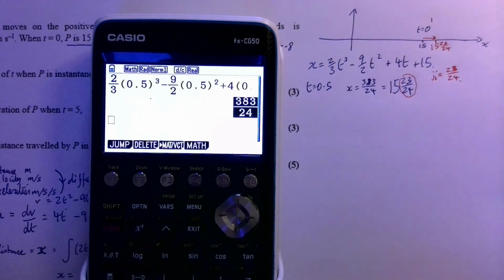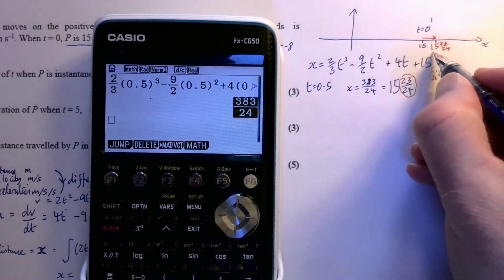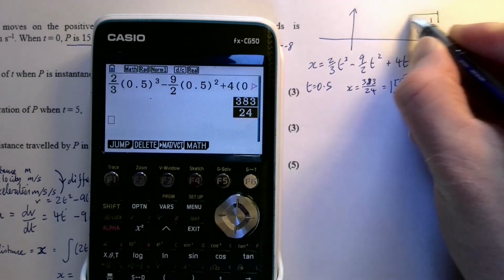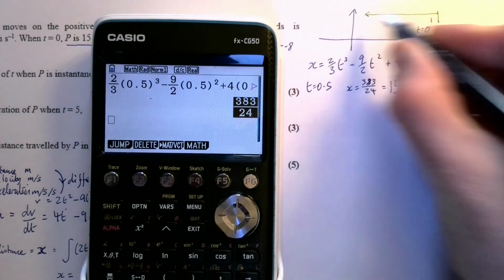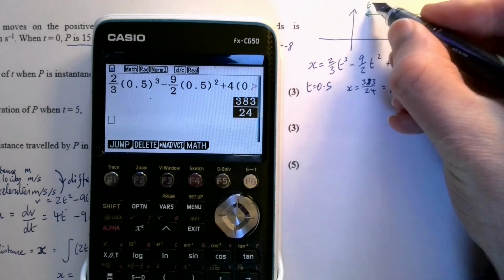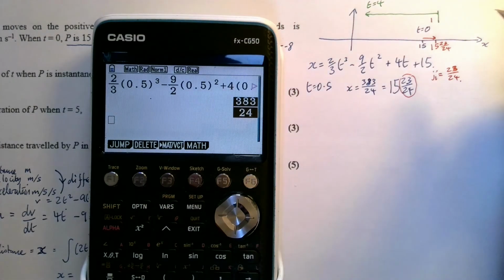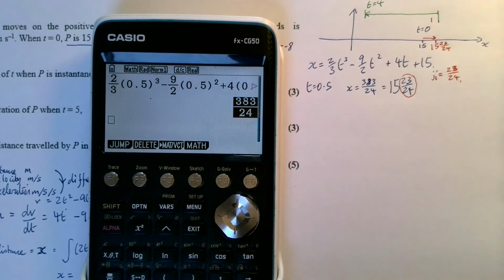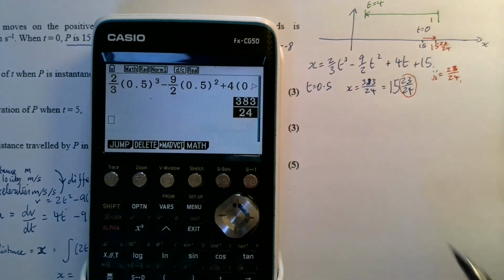Right, next part, we then need to travel all the way back until it's stopped again. So I'm going to do this in a different colour just to make it as clear as I can. So from this point here, it's going to go back to when the time is 4, and then it's going to travel back the other way a bit. So I need to know where it is when t equals 4.